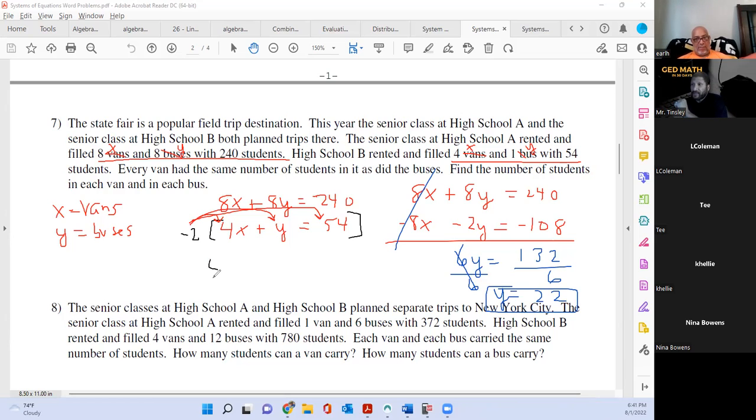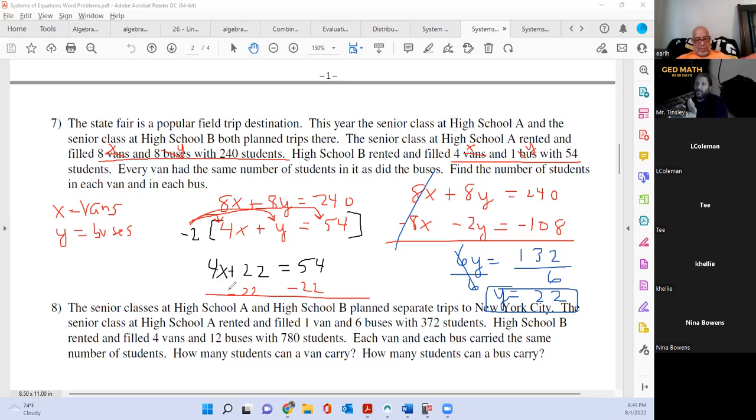So 4x, y is 22, equal 54. We have a simple two-step equation. What term do we want to get rid of first if we want to solve for x? We want to get rid of the 22. The opposite of positive 22 is negative 22. So we're going to subtract 22 from both sides.